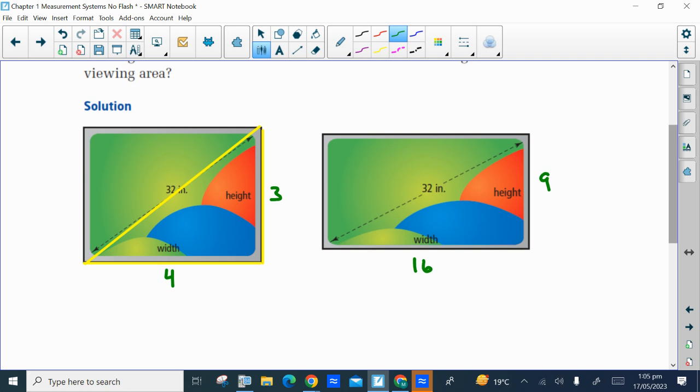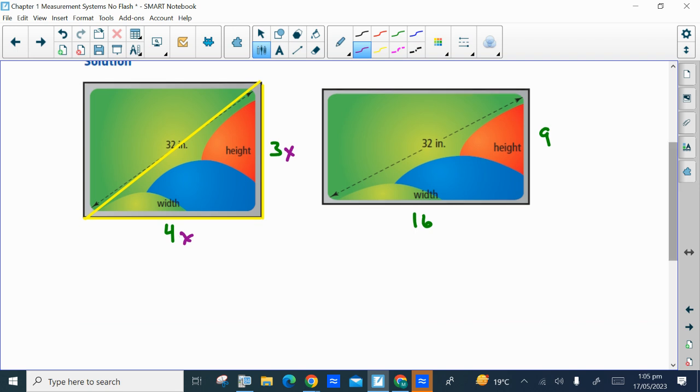So here's how this would be done, okay? Instead of just 3 to 4, I'm going to go 3x to 4x. And then I'm going to write a relationship involving the Pythagorean theorem to let us solve for x. And then once we have that, we can actually find the dimensions of this TV. And then we'll do the same thing for the second screen.